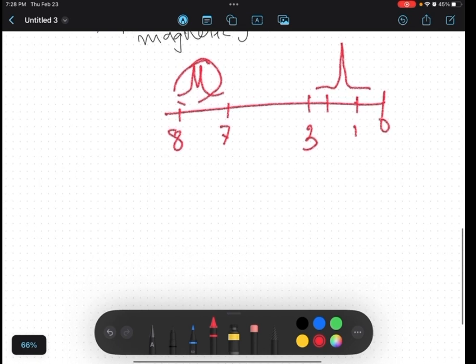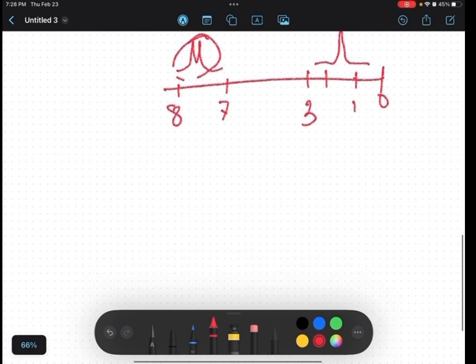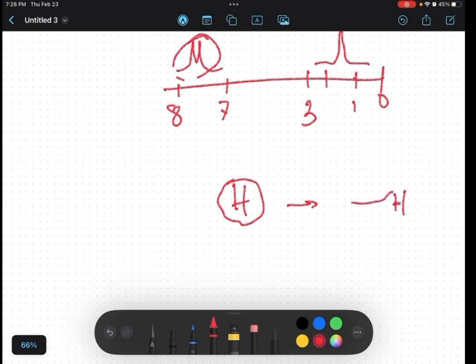The proton's electronic environment determines where it will show up. If a proton's surroundings have electron density, it is more shielded.